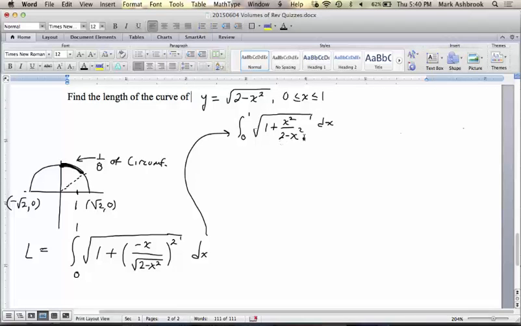So what do we want to do? We want to make this all into one term. So we're going to need a common denominator, which is 2 minus x squared. So we're going to get 2 minus x squared plus x squared all over 2 minus x squared. Okay?